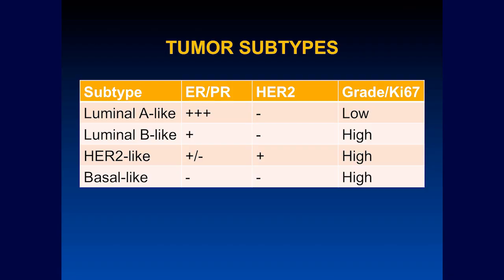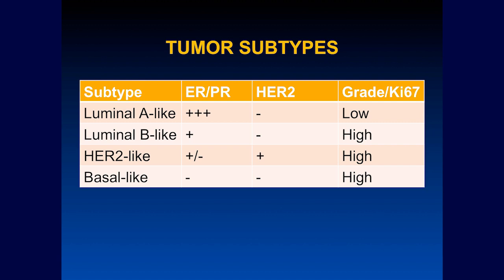Another important aspect we need to understand is the tumor subtypes. When breast cancer was first identified over the last 50 years, we didn't really know much about it. But later, over the last 40 years or so, we've figured out there are different types of breast cancer.